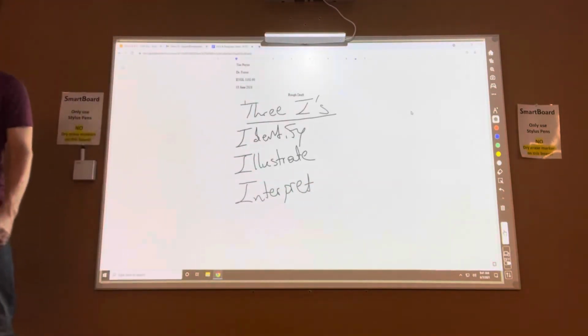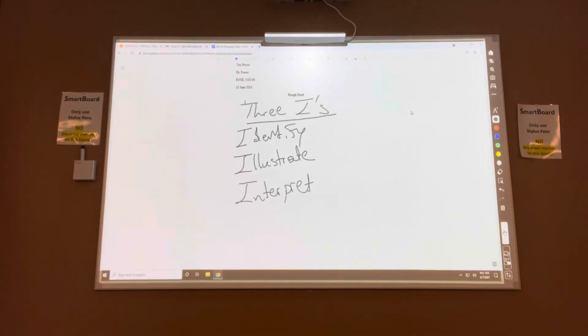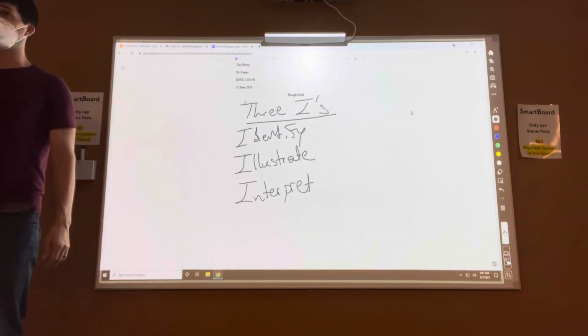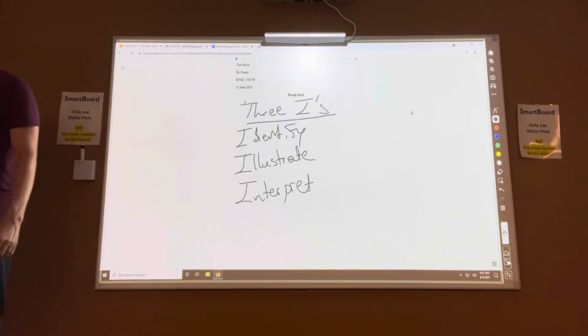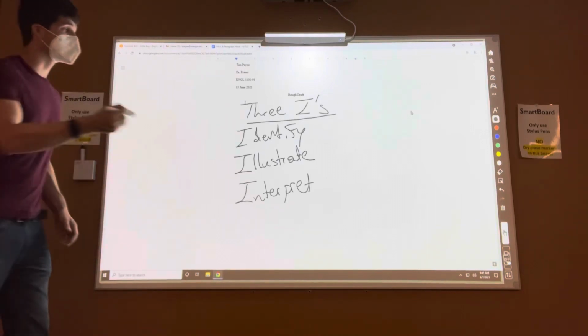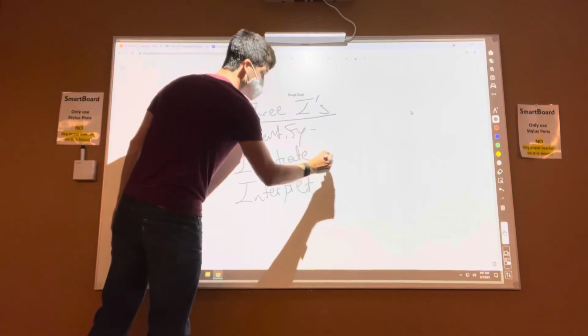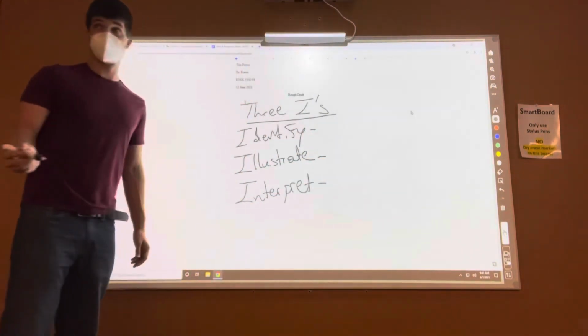Now, if remembering those 3 items helps you remember what I'm about to tell you, awesome. It actually helped me when I was in your position. But what really matters is what these 3 I's pertain to.